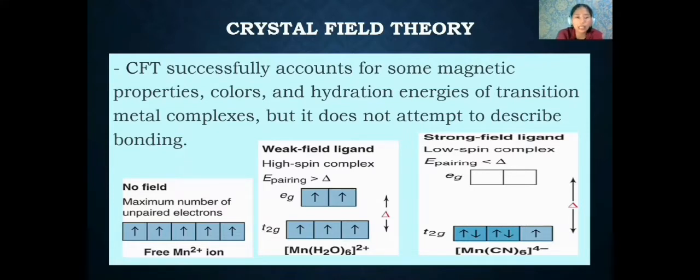As you can see here, we can determine the magnetic properties by looking at the paired and unpaired electrons in each orbital. The difference, the delta O, also implies the colors of coordination compounds. So the difference in this delta can predict the color of the complex.